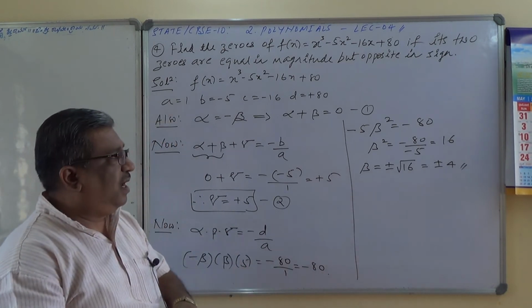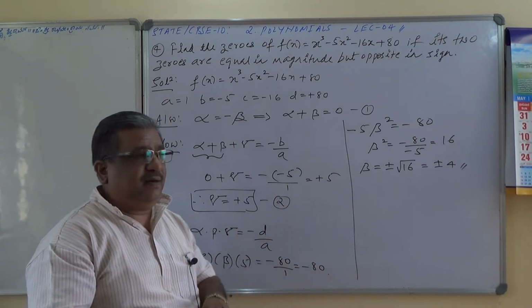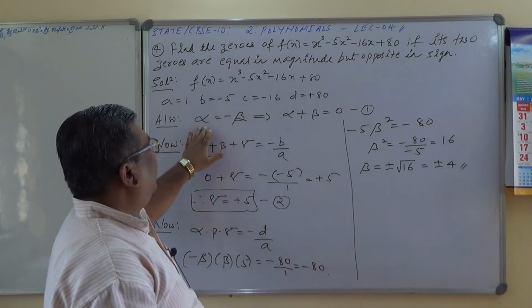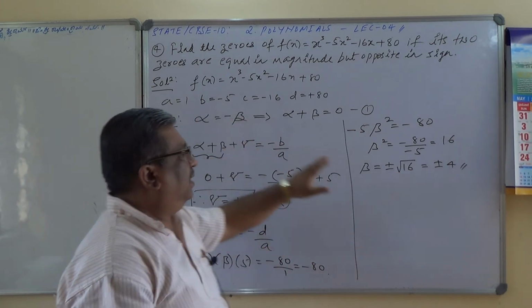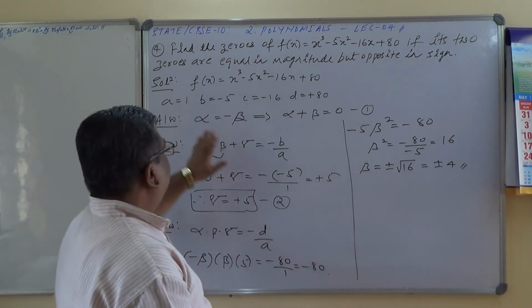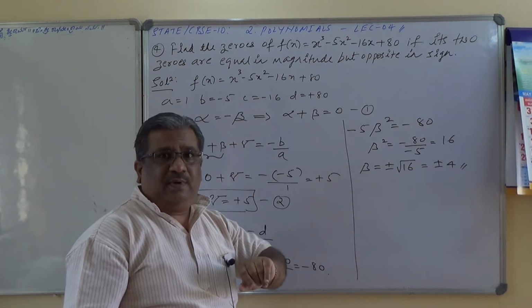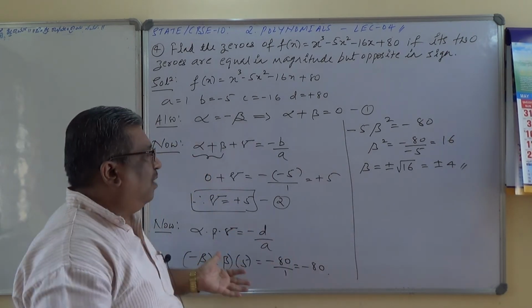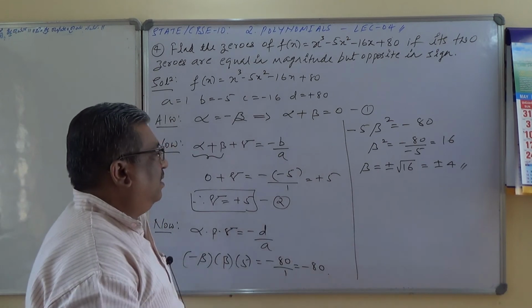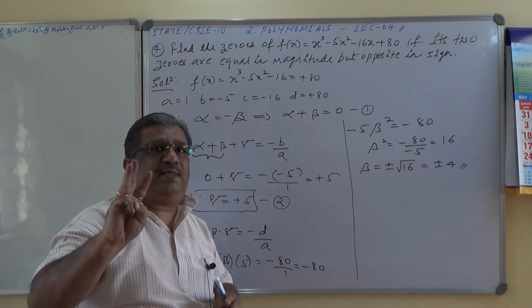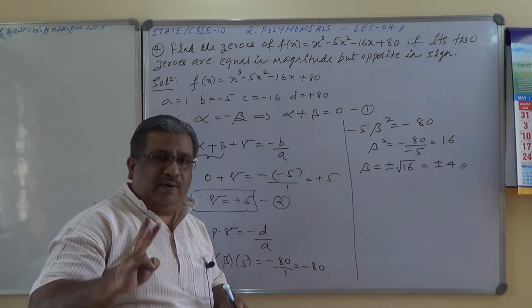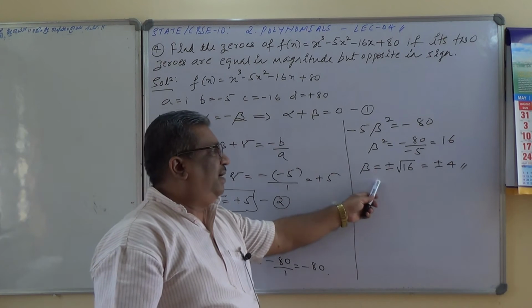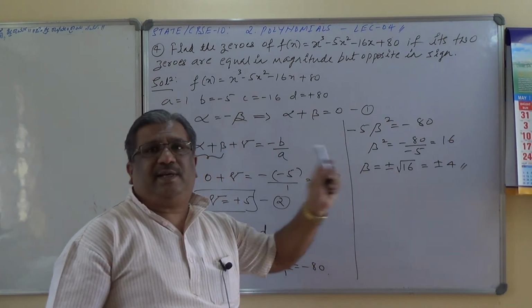Please understand here. If beta is plus 4, then alpha equals minus 4. If beta is minus 4, then alpha equals plus 4. Are you able to understand? Now I am going to write two sets of zeros, alpha, beta, gamma, considering beta as case 1 and case 2.